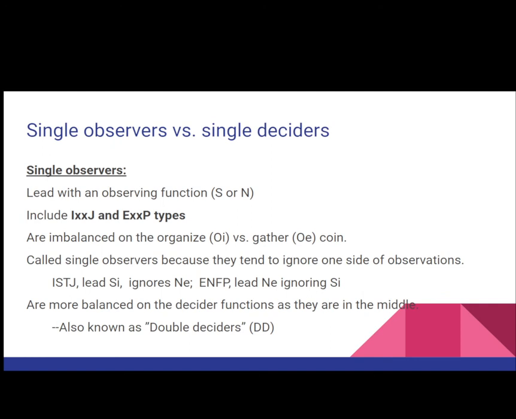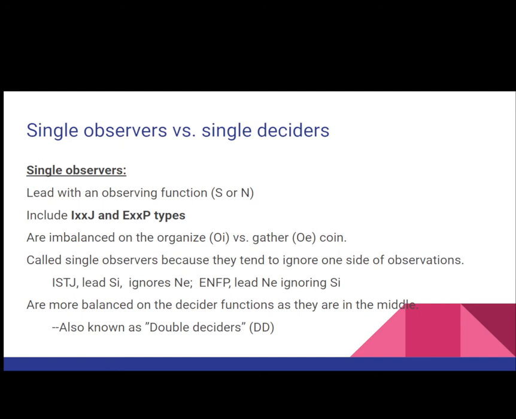So this means that they have a tendency to be all in on organizing the facts and sensory information around them, and they might be ignoring the NE side of the coin, gathering the possibilities. Whereas an ENFP would have the opposite problem. They're leading with NE, being all in on gathering abstract concepts and possibilities, but maybe having a tendency to neglect organizing the sensory information.